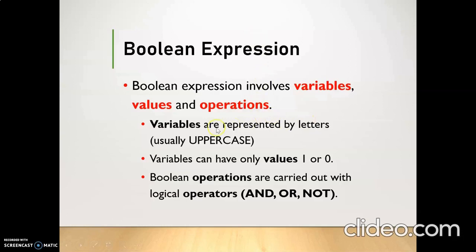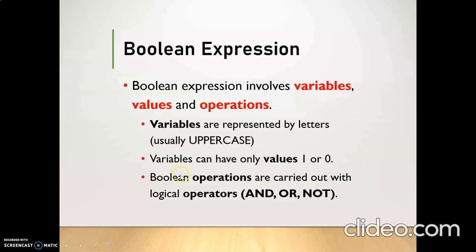Variables are usually represented using uppercase letters like A, B, C. Variables can have only values 1 or 0, like I said just now. It cannot have any values like 5, 10, 25.3.